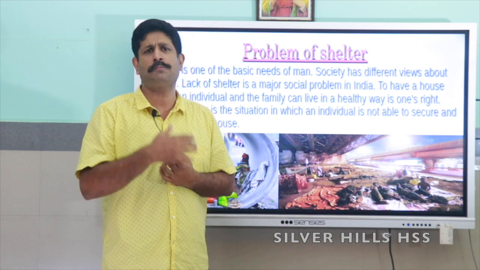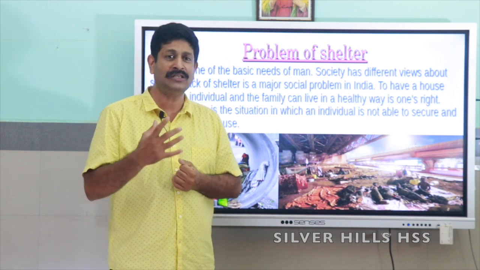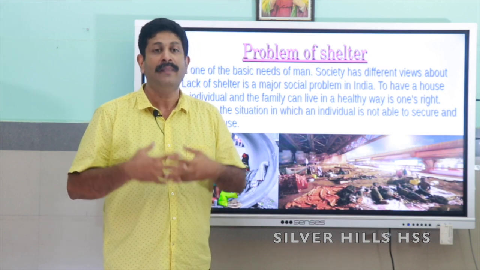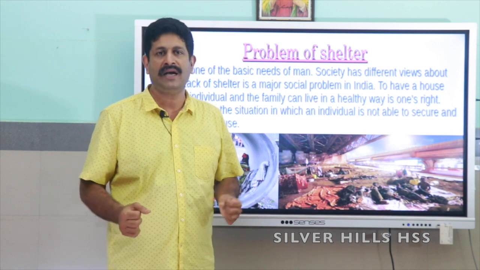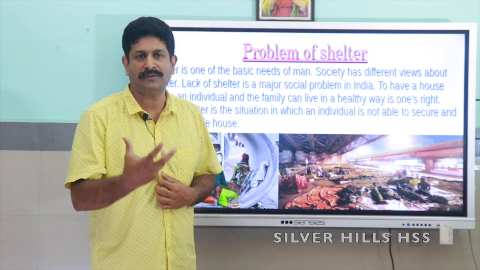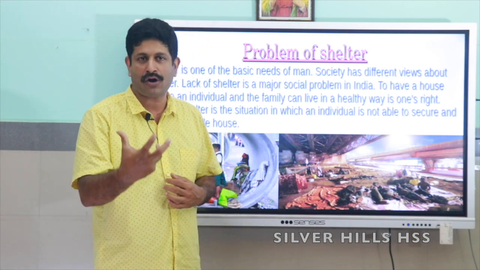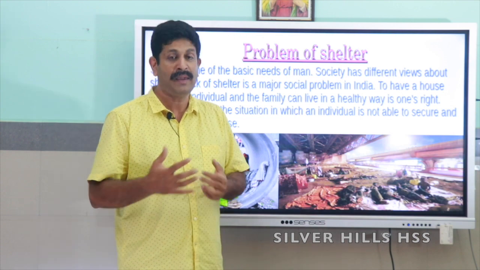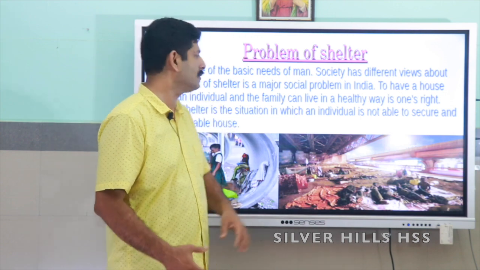Shelter is a huge problem nowadays. That is also a social problem. That is why all the media have been propagating this message that because of lack of shelter in Kerala itself, people are dying even now.